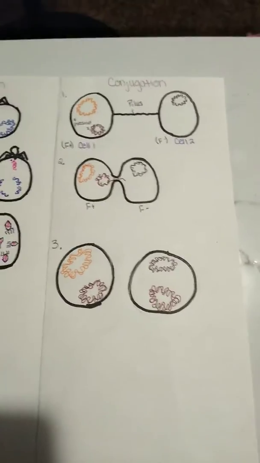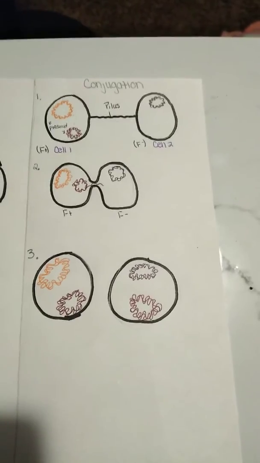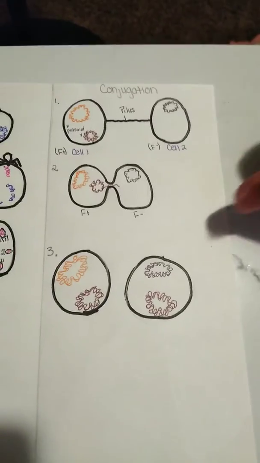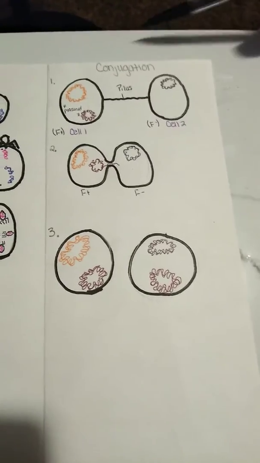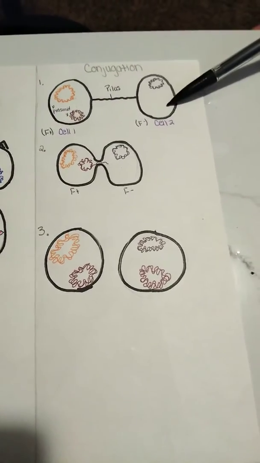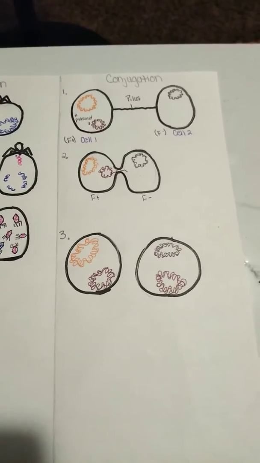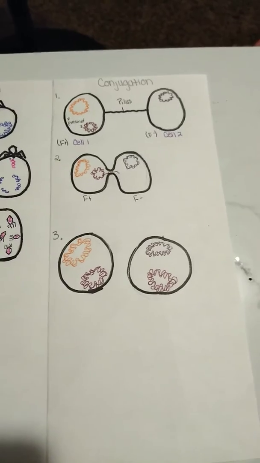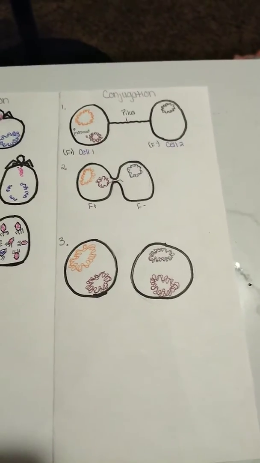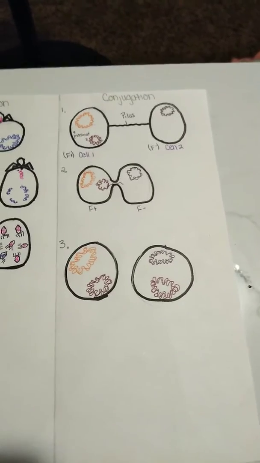So conjugation typically occurs when bacteria that have some type of factor or plasmid transfer that to another bacteria that lacks that factor. So there are different kinds of factors. There's the F plasmid, fertility plasmid, that's what it stands for, which just enables it to grow a pilus.